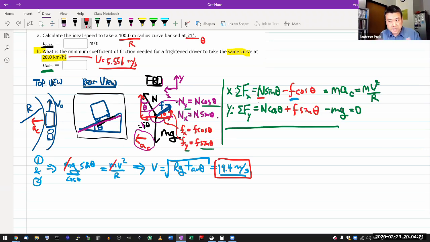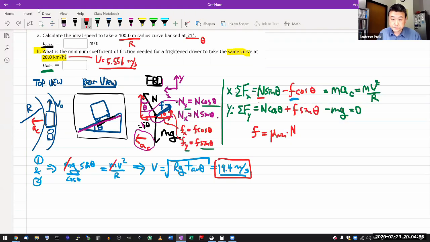When you're dealing with the minimum circumstance, for the minimum friction coefficient, I can say that the friction force is equal to mu minimum needed times the normal force. Now, when we're dealing with the static friction force, this would have been an inequality, but that's for mu that might be above the minimum. If you're dealing with the minimum, then the equality holds.